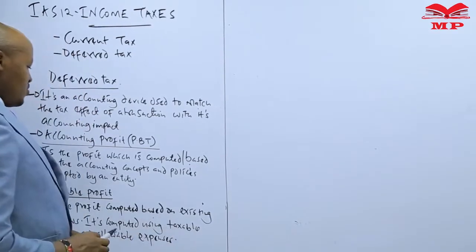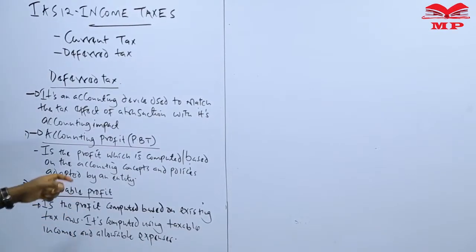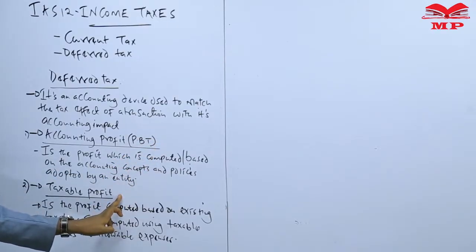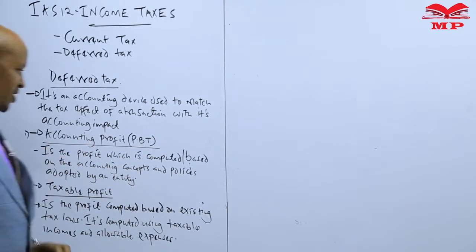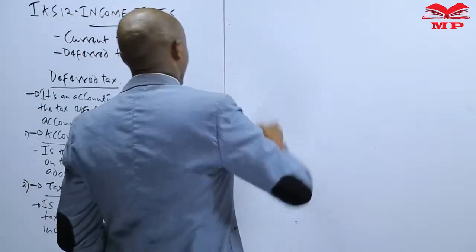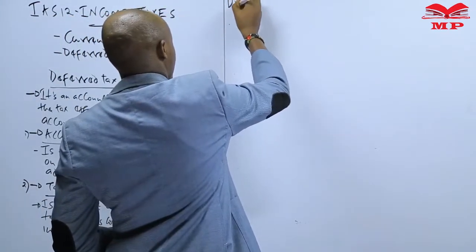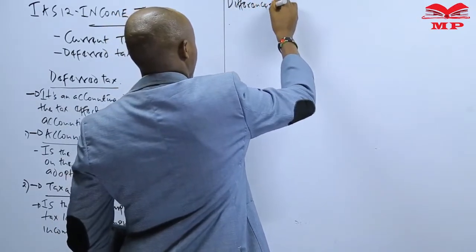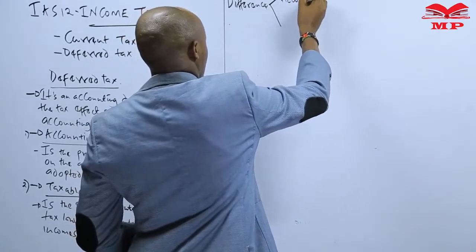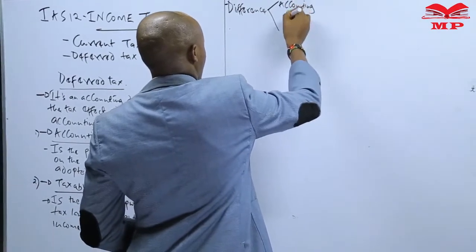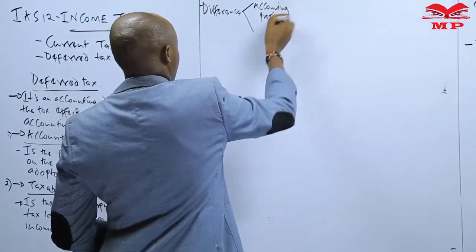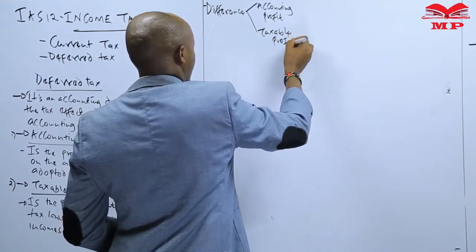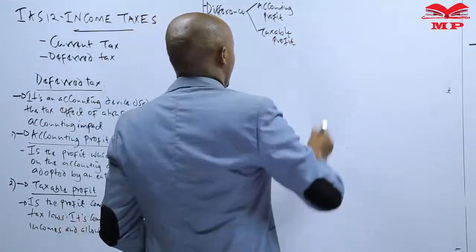Now, what we have said is that the reason why we have a deferred tax is because these two profits will be different. And that particular difference between the two profits, that is the difference between accounting profit and taxable profit, may be classified into two categories.